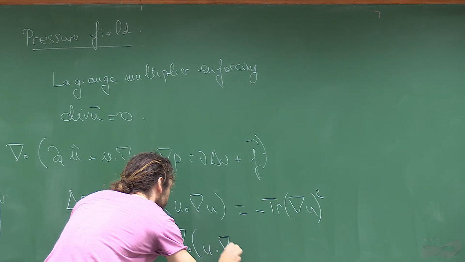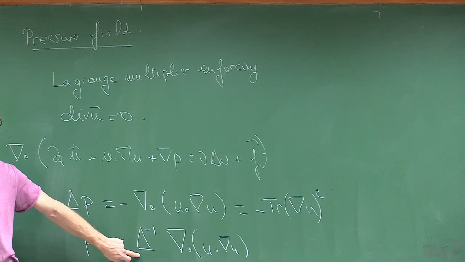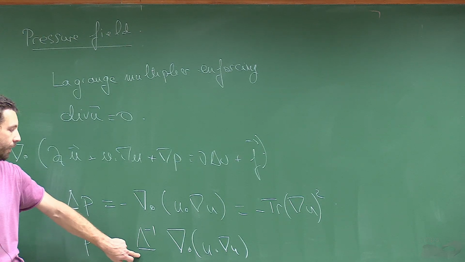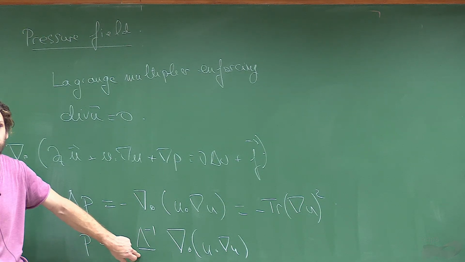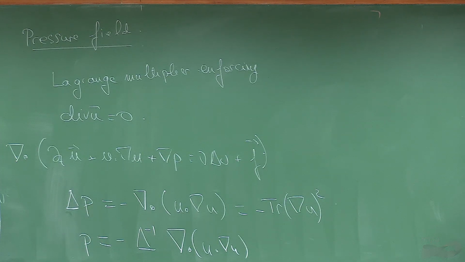So this operator, this Laplacian minus 1, is in fact a Green function. And so it introduces some non-locality in the business.